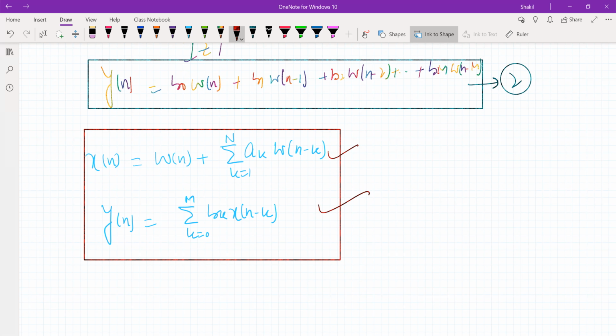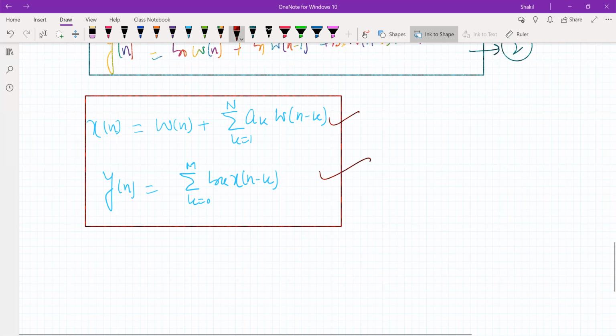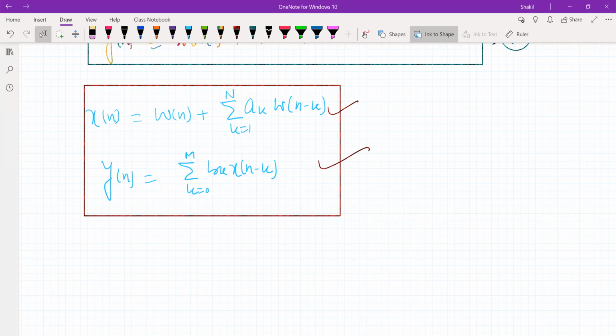First, let's do the first equation. How do we write the first equation?